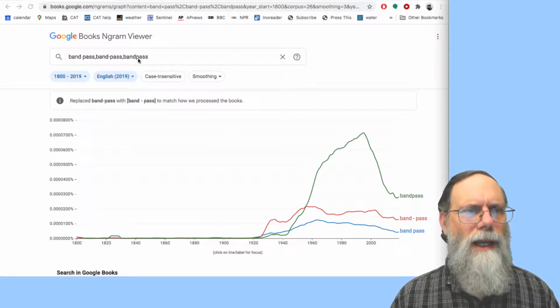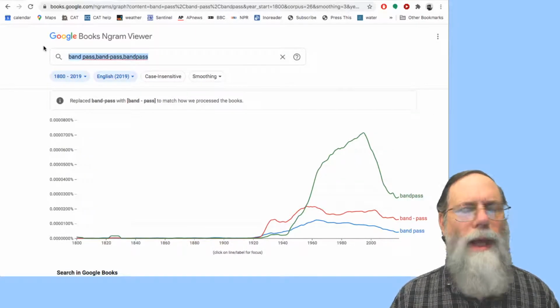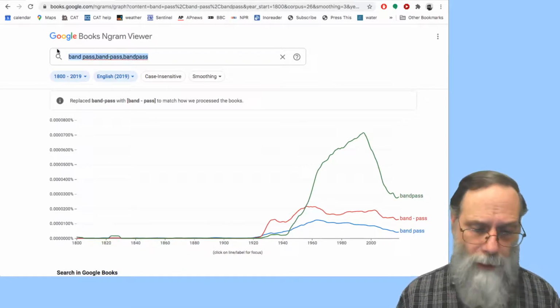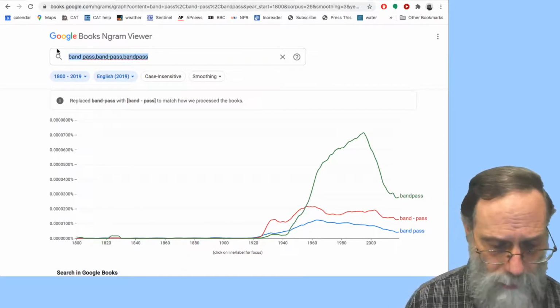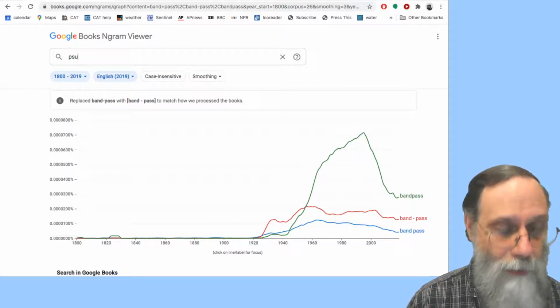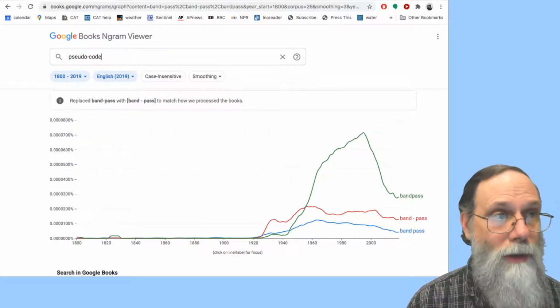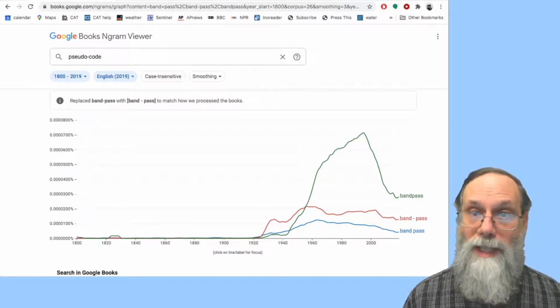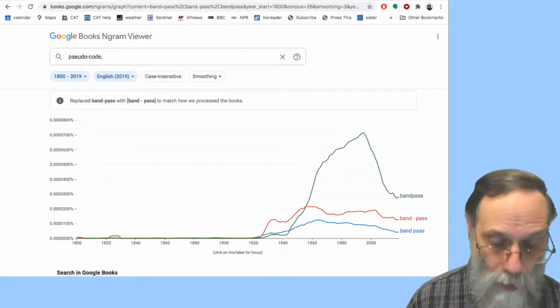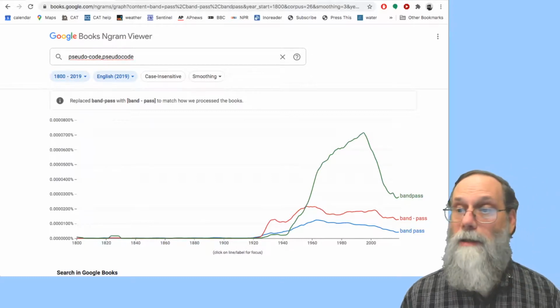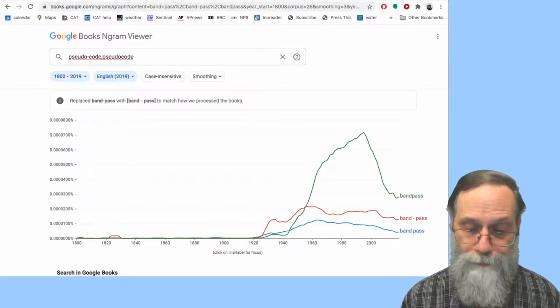Let's take a look at a different thing where we have a prefix and a word. I'll pick one that we don't actually use much in this course, but which you might have seen in other courses, and that's pseudocode, where you can attach the prefix with a hyphen or attach the prefix without a hyphen.